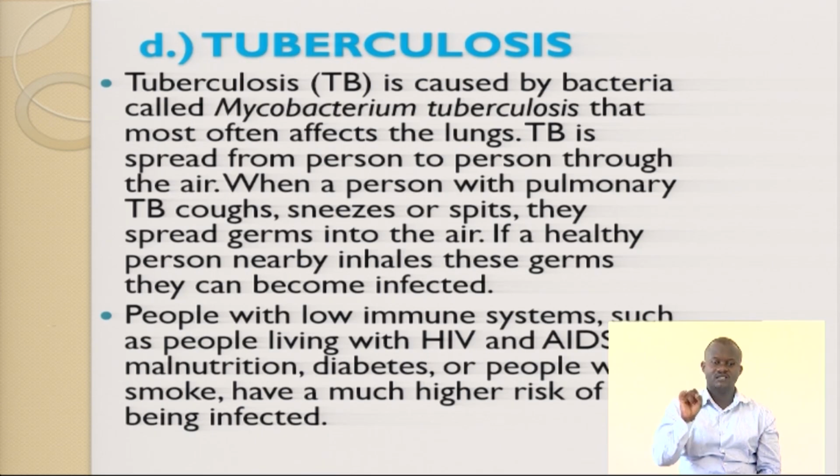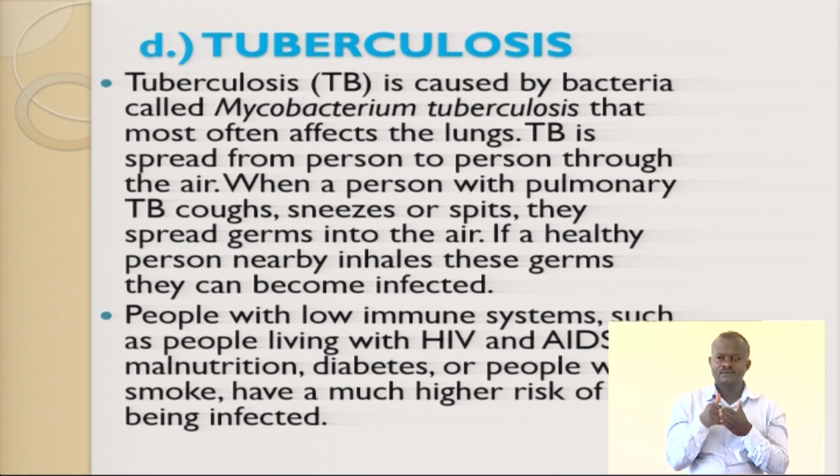What is tuberculosis? It is an infectious disease caused by a bacteria. And what is the name of the bacteria that causes tuberculosis? It is Mycobacterium tuberculosis, that most often affects the lungs. And we know that lungs are the ones used for gaseous exchange.